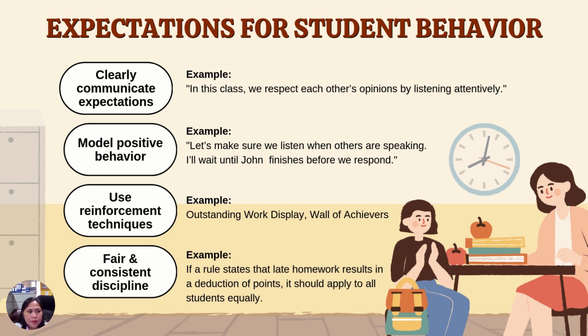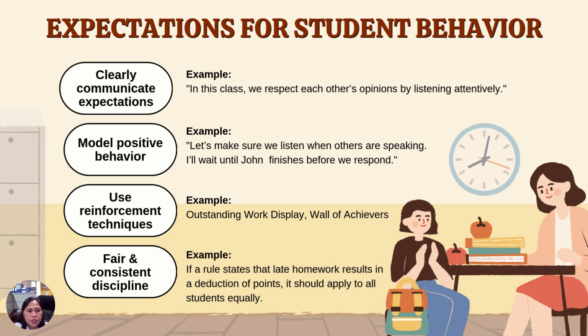For example, you will say to your students that in this class, we respect each other's opinion by listening attentively. So when we communicate our expectations, we need to be clear. You do not just say we need to respect each other's opinion. There are a lot of ways to give respect.